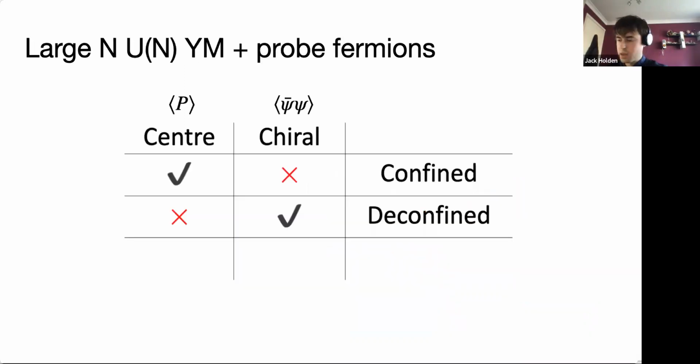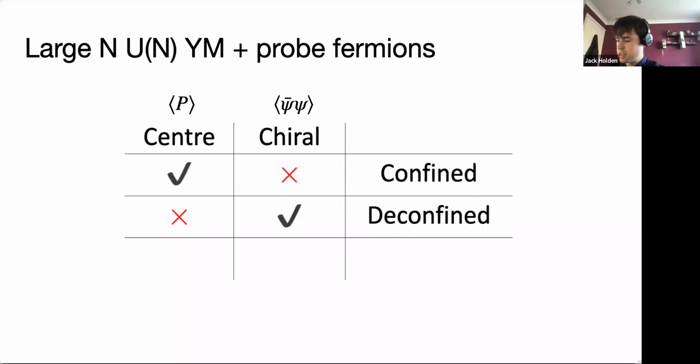So we look again at the theory that I showed you before, that we calculated on the lattice, and we introduce probe Dirac fermions, which allows us to discuss chiral symmetry. And so we see that in this theory, in the confined phase, the center symmetry is unbroken, whereas the chiral symmetry is broken.